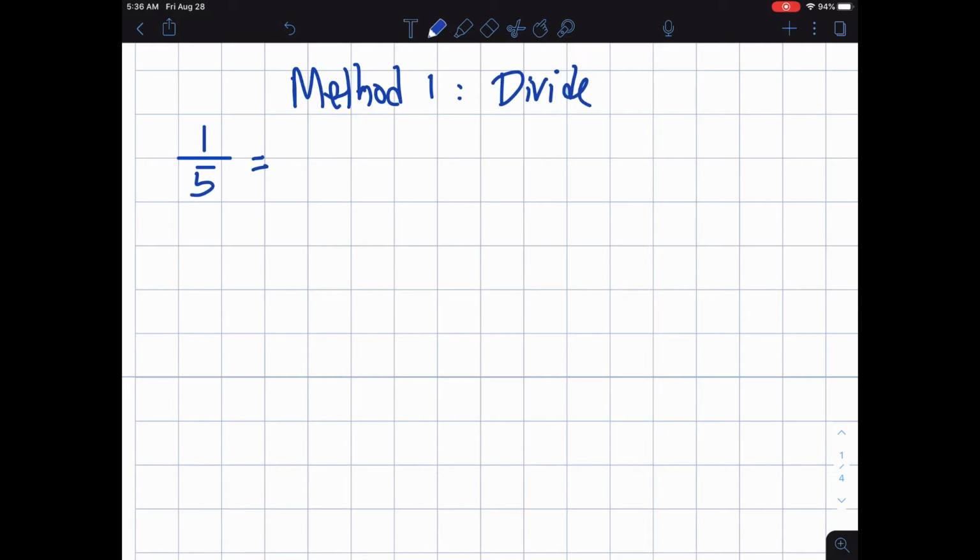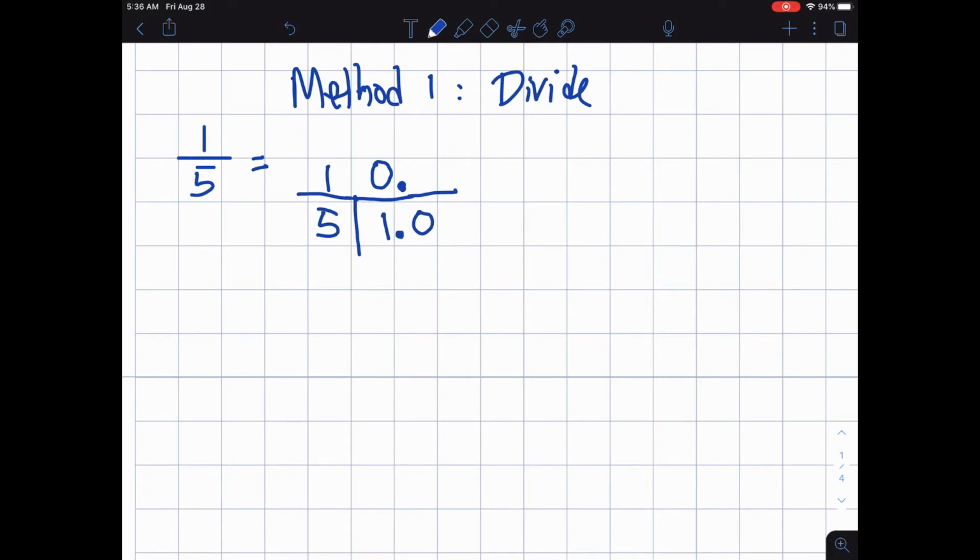So 1/5. 1 is the numerator and 5 is the denominator. The one who goes inside the division sign is what you call the numerator. So now let's divide. How many 5 goes to 1? Simple, that's 0. Now, since I can't divide 1, I have to borrow a decimal and a 0 and put a decimal right there on top.